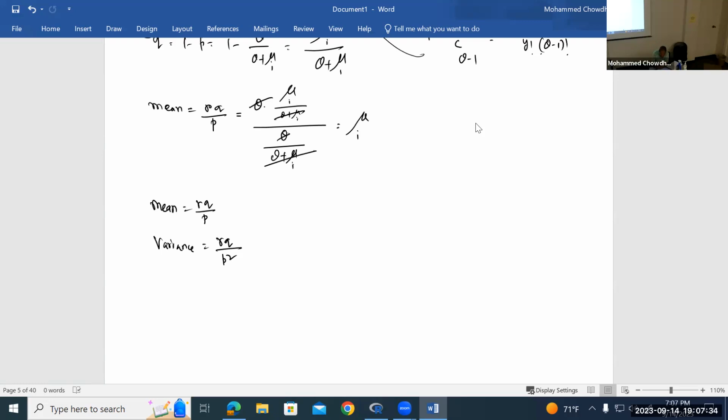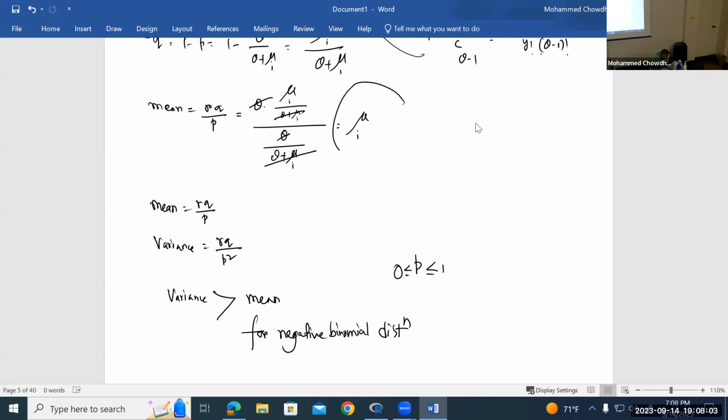Okay, so as P lies between 0 and 1, in that case variance is greater than mean for negative binomial distributions. So we derived the mean of the new negative binomial distribution is mu, which now exists in the mathematical format.